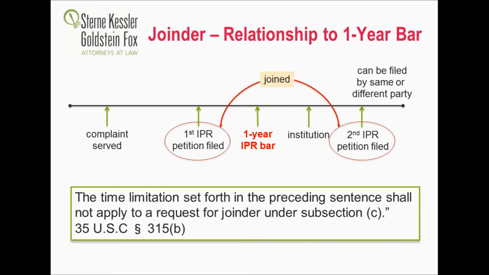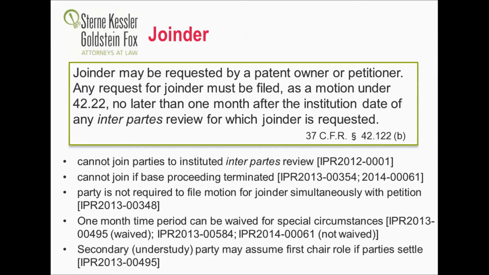Well, you can see here that the time limit set forth in the preceding sentence shall not apply to a request for joinder under subsection C. So if someone else gets an IPR instituted on a patent and you're statutorily barred because of a complaint filed more than a year ago, once that institution decision gets sent out by the board, you can pile on to that existing petition and hopefully get joinder.